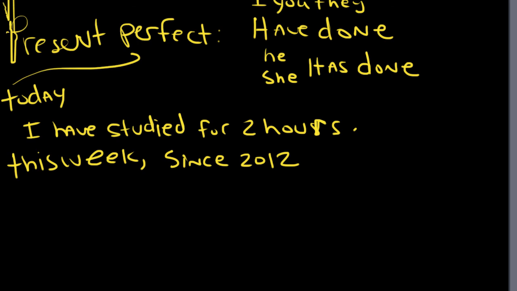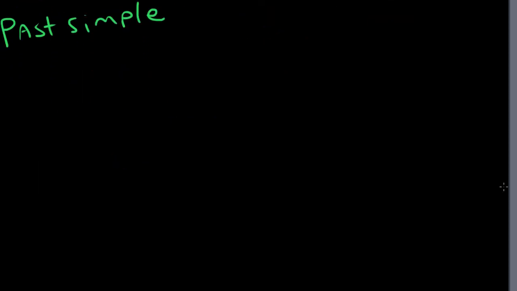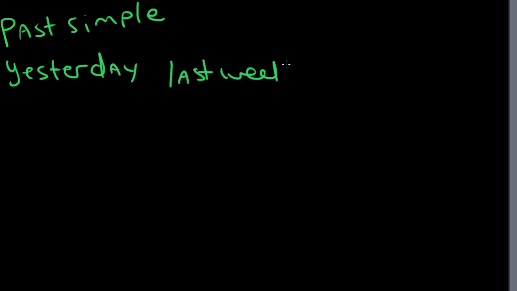Now let's look at some examples of the past simple. The past simple talks about actions that have happened in the past and that have finished in the past. We can use the past simple with yesterday, last week, from 2010 to 2011 to mark a period of time an action happened but it was completed in the past.